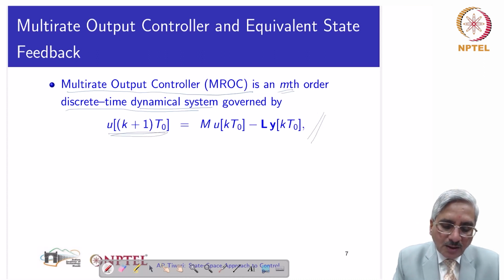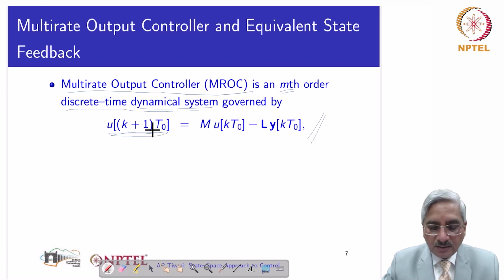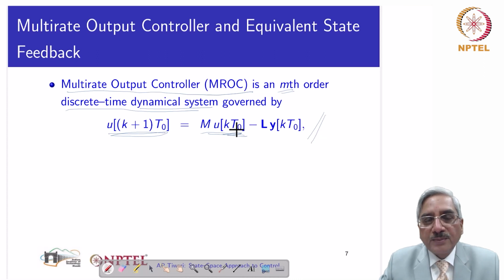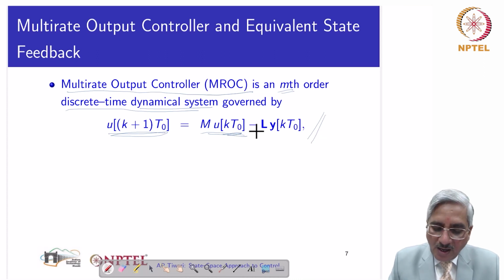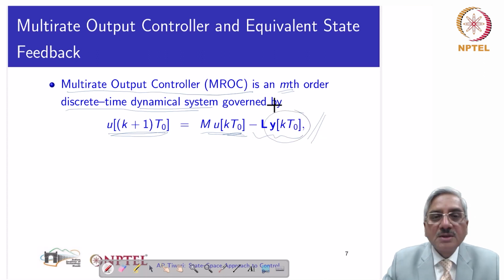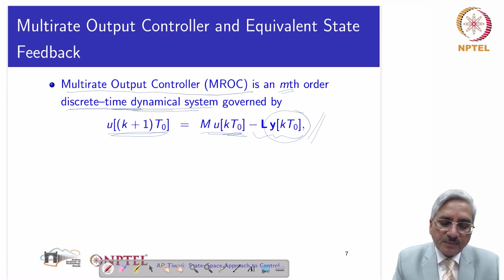The input at the k plus 1th sampling instant is expressed in terms of the input at the kth sampling instant and the feedback of the stack of outputs which we introduced in the last lecture. So the multi-rate output controller has this structure. It is of order M and it is a discrete time dynamical system.